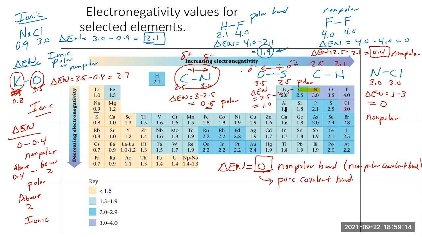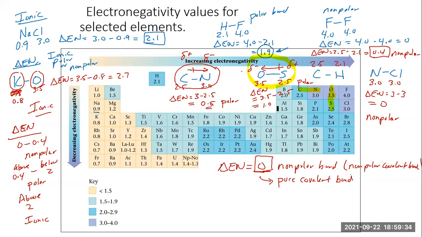So without even the numbers, we could make a safe bet that this bond here would be polar. We could also do the same thing with this one. Oxygen and sulfur are in the same group. And we know that oxygen is further up on the periodic table, which means it should be more electronegative than sulfur. And it's a pretty safe bet that it's going to be polar.